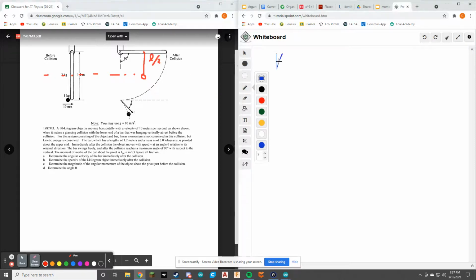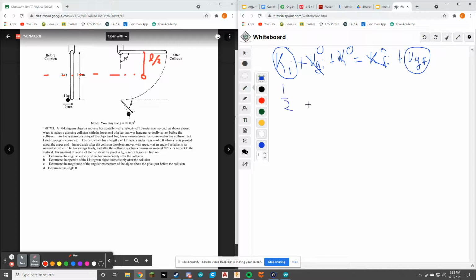If we have our initial kinetic energy plus our initial gravitational potential energy plus work equals our final kinetic energy plus our final gravitational potential energy, and we say our work is 0, our initial gravitational potential energy is 0, and our final kinetic energy is 0, then the kinetic energy right after the collision is equal to the final gravitational potential energy.